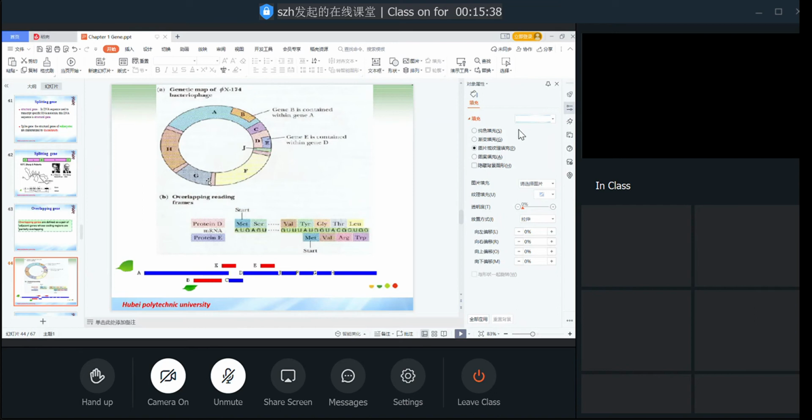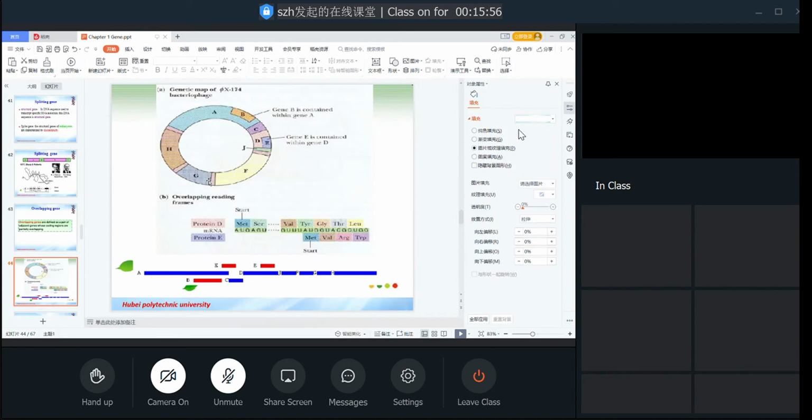In figure B, you can see the genes A, B, C, D, E, F, G, H. All of the names you can see.